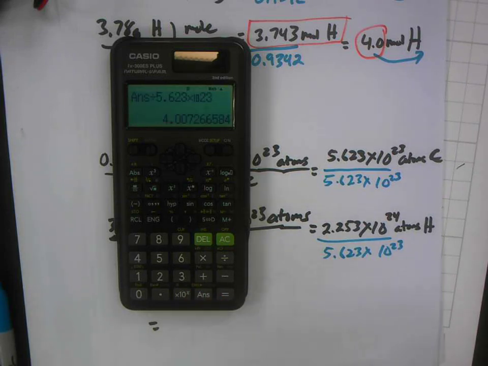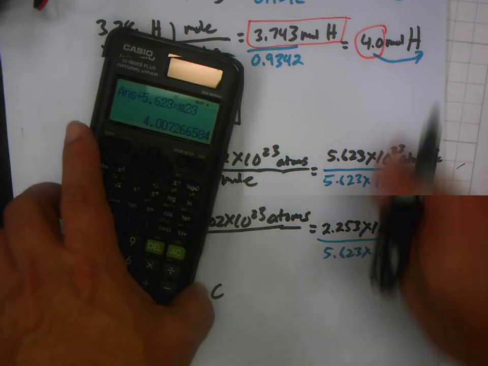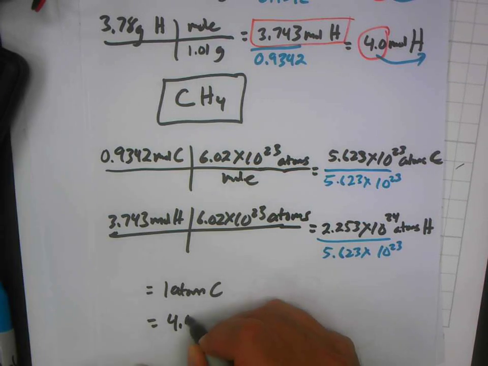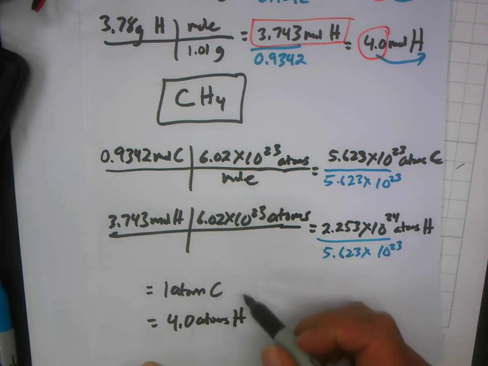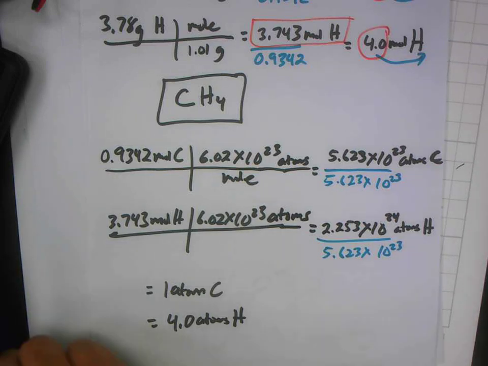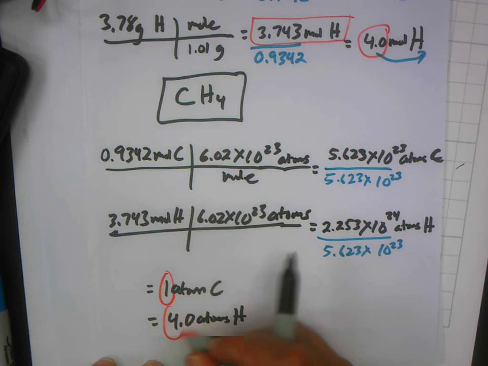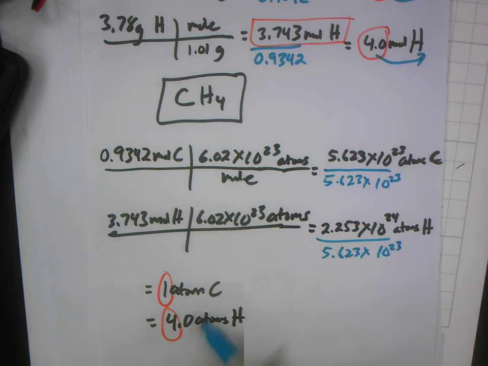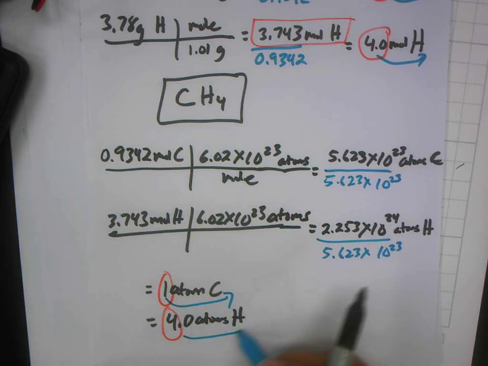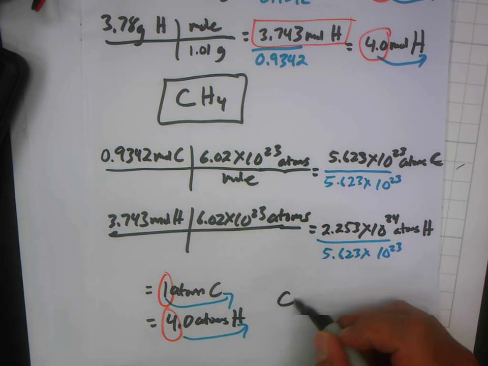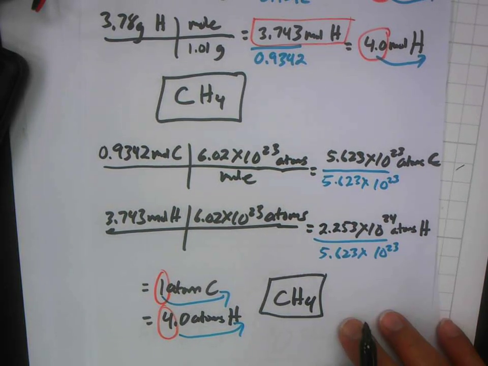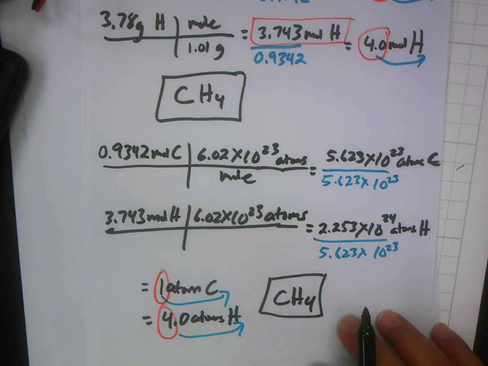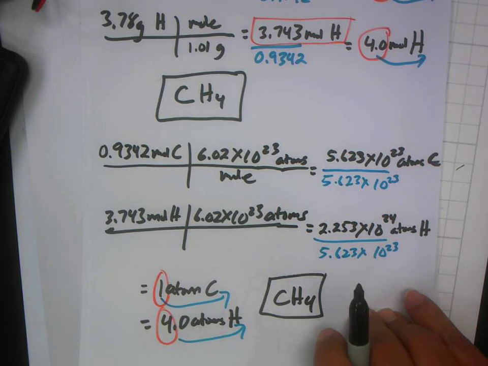That's going to give me 4.007. Basically the same number I got from before, 4.0 atoms of hydrogen. These numbers right here are the ones we're going to use as our subscripts, and you'll notice that that gives me the same formula, CH4, as we got above.